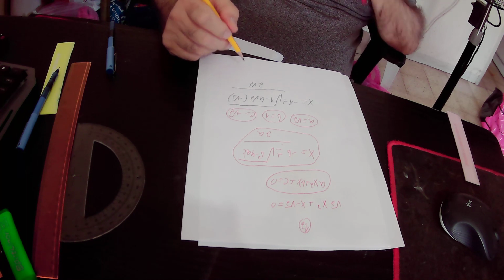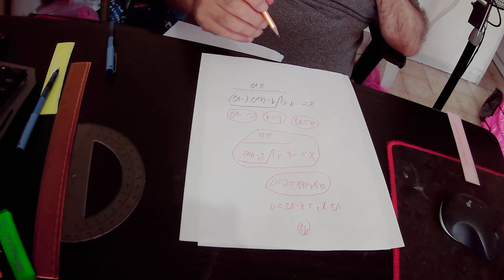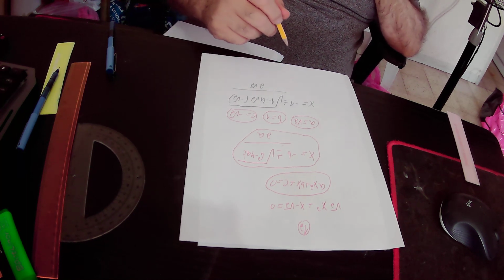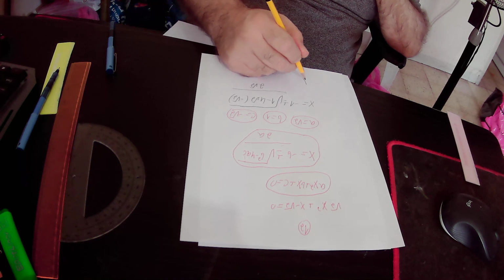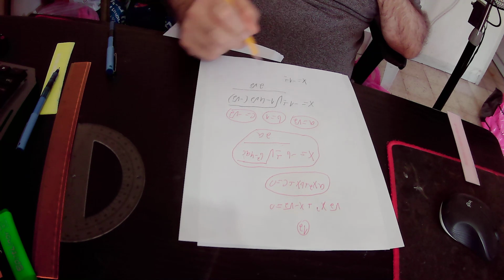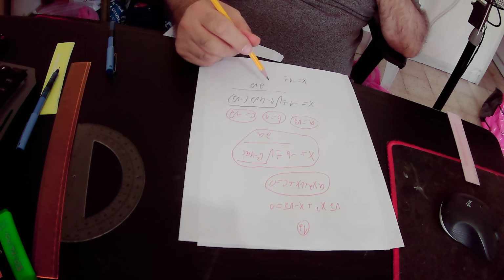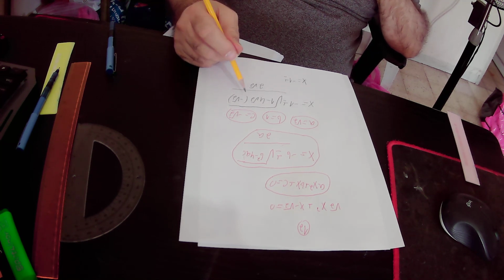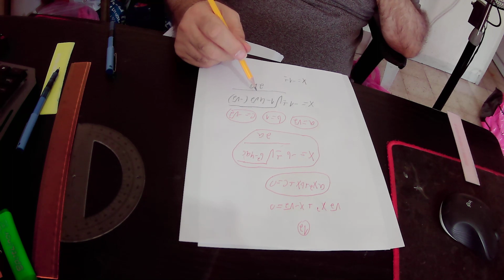So in the root we have x equals minus 1 plus minus root of 1 plus, minus and minus is plus, so root 2 times root 2 is 2 and 4 times 2 is 8.